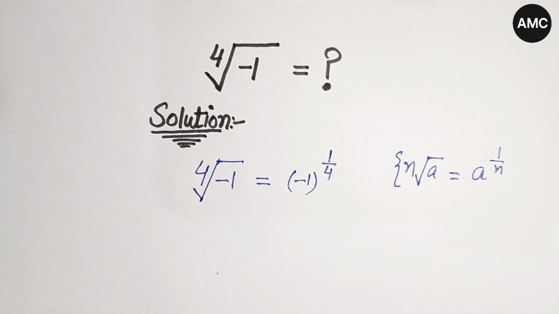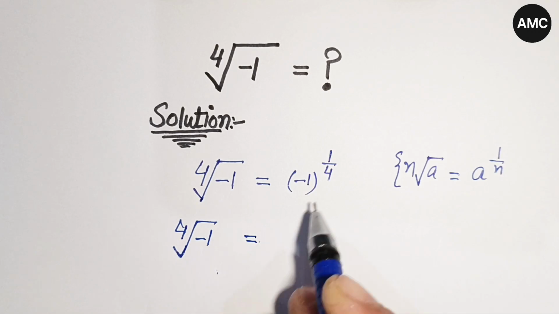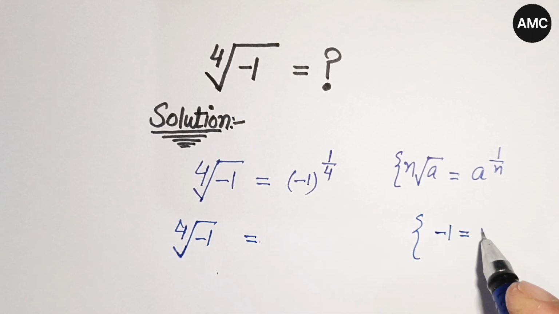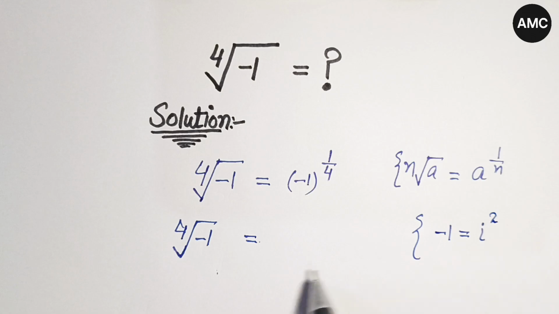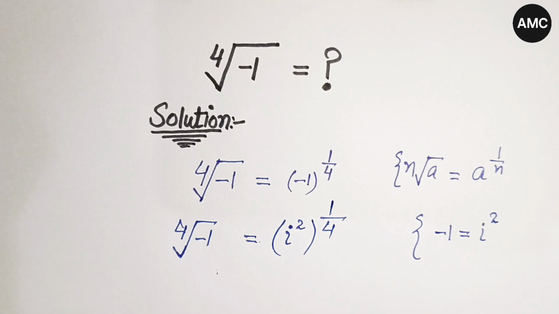Now our next step: the fourth root of minus 1 is equal to this minus 1, and as we know, minus 1 is equal to iota squared. So here we just put iota squared whole to the power 1 over 4.